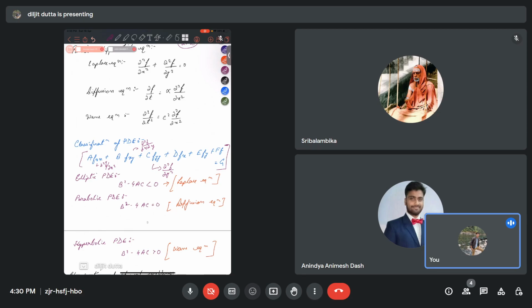The first type is the elliptic partial differential equation, given by the condition b square minus 4ac is less than 0, and the example of an elliptic PDE is the Laplace equation.